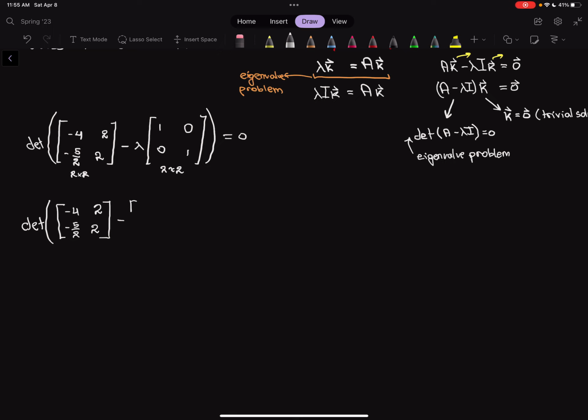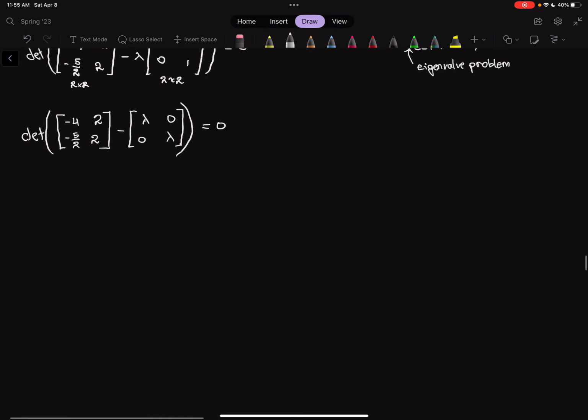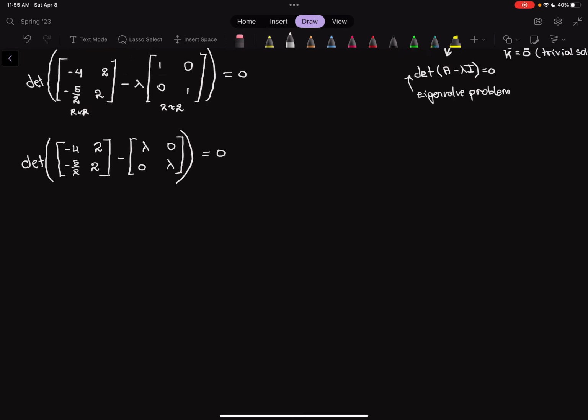And then here, minus lambda, 0, 0, lambda. We close this part, and we set it equal to 0. Now we can execute this subtraction entry by entry, because these are both 2 by 2s. We engineered it that way. We put the identity matrix with the same dimensions as the A matrix.